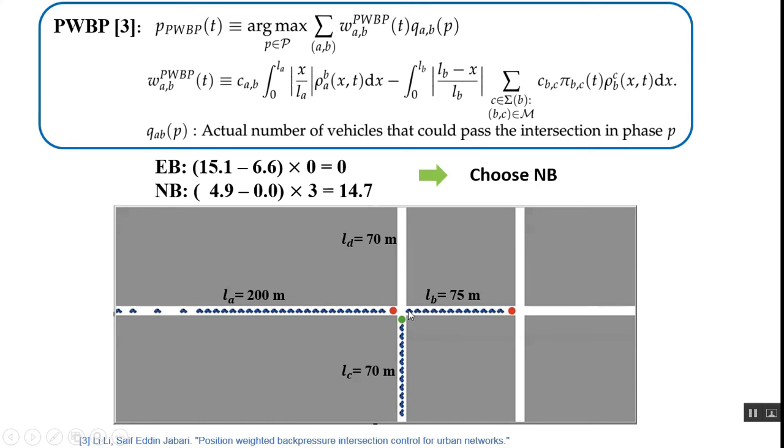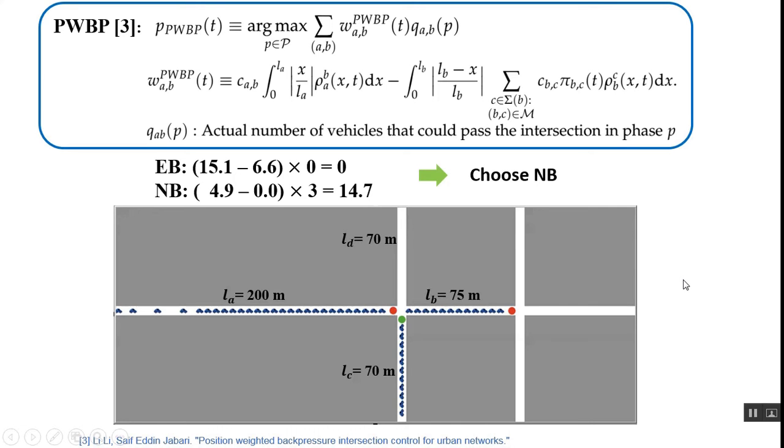Since we have an empty north arc, the QCD is actually equal to the mu CD, which is 3. So the final result of northbound phase is 14.7. Then the PWBP will choose northbound as the final result.